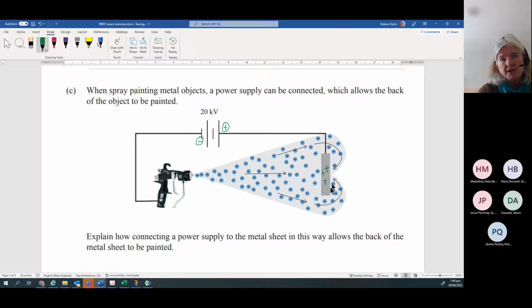So any spray paint that goes past will also be attracted to the back of the metal. So just put those rather obvious things down. Obviously, more paint is going to go on the ends rather than the middle, but depending on how big it is, it could go all the way around. So that is just simply recognizing that this is a positive end.